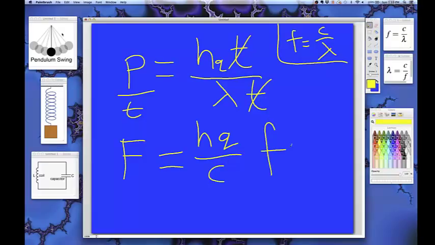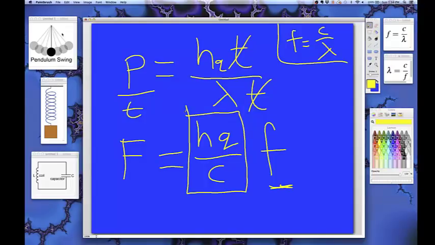Now I have an equation in the domain of frequency that looks a lot like the original energy equation, or power equation as I do it in modified unit analysis. As well, h_Q over c, which is Planck's constant over the speed of light, forms another constant of nature. I'm going to talk about that in another video, but I wanted to show you where I'm progressing with this line of thinking.